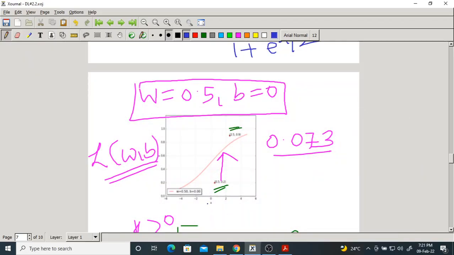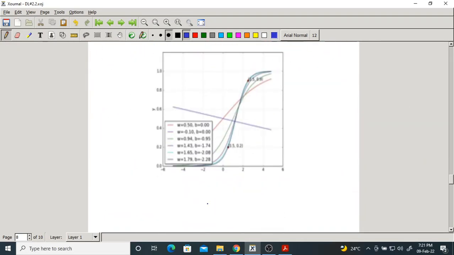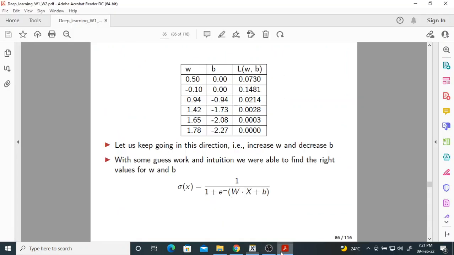Now let me take some other guesses. Now I am taking minus 0.100. What happened? I got a loss which is more than the first row. In the second row, the loss is more than the first row. Now we can make an educated guess, because we have two rows.